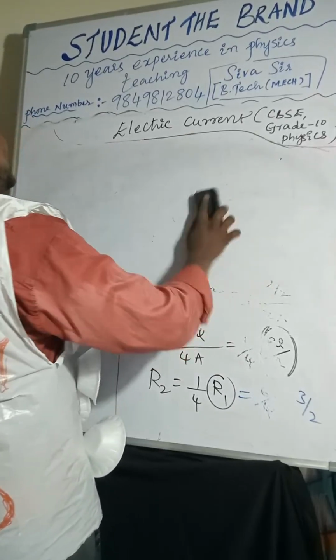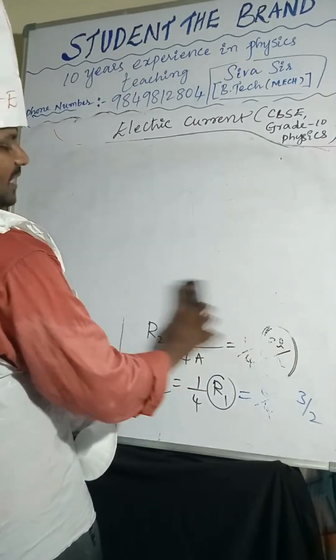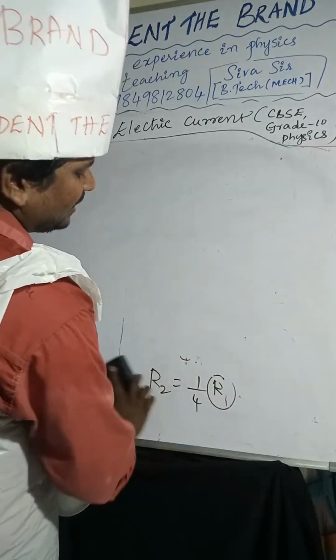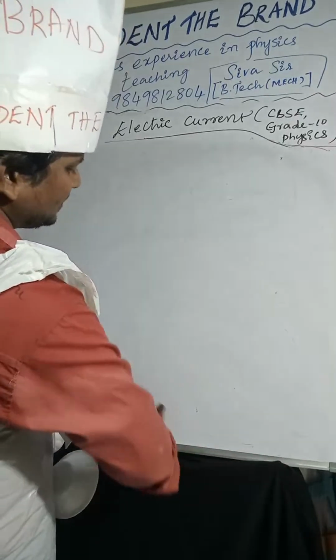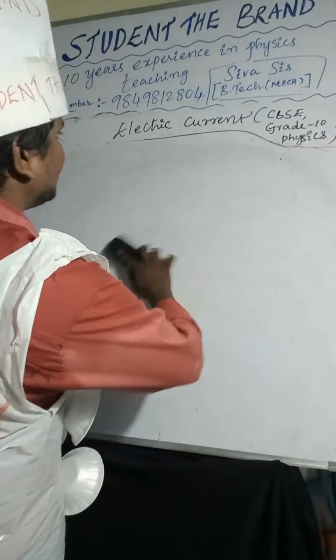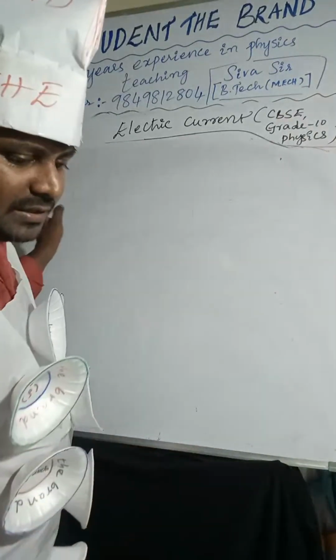New Cartesian sign convention. All distances are measured from the pole.